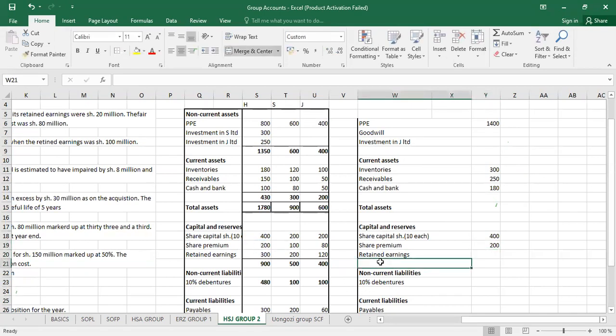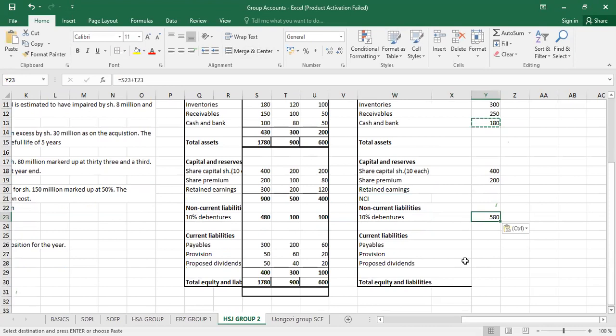Then earnings is a calculation and we'll introduce NCI, isn't it? Notice there some NCI. Then those two are a calculation, debentures. So I'll copy from up here because debentures I'm just adding them, Control V. Also payables, Control V. Then I drag down.